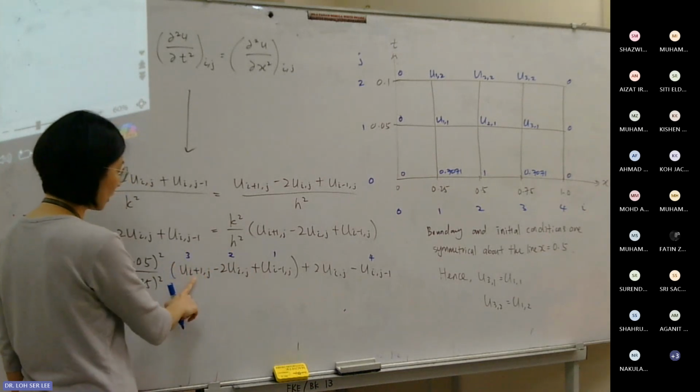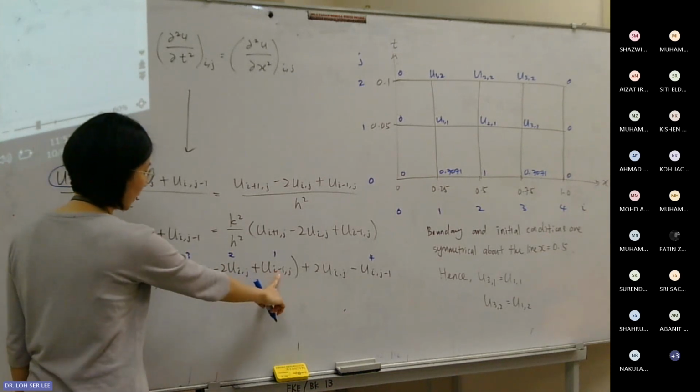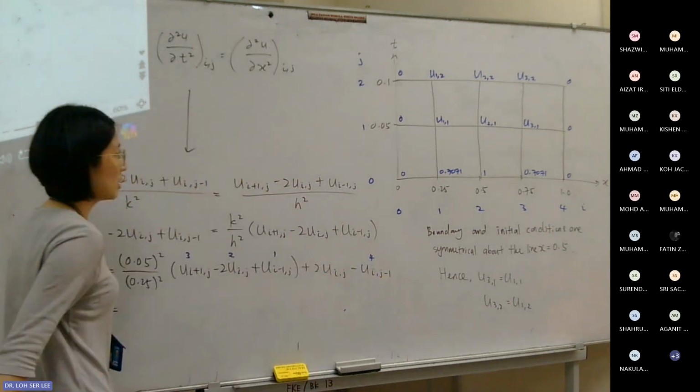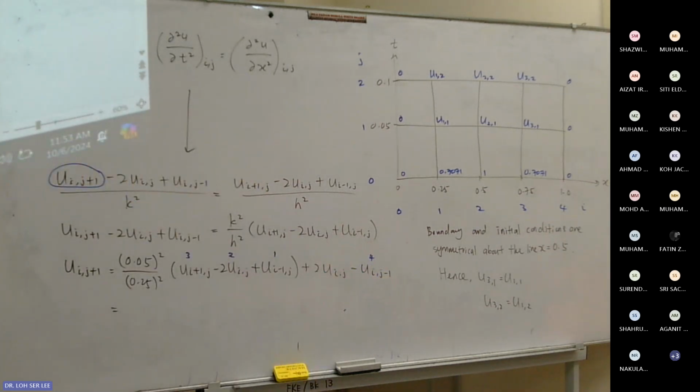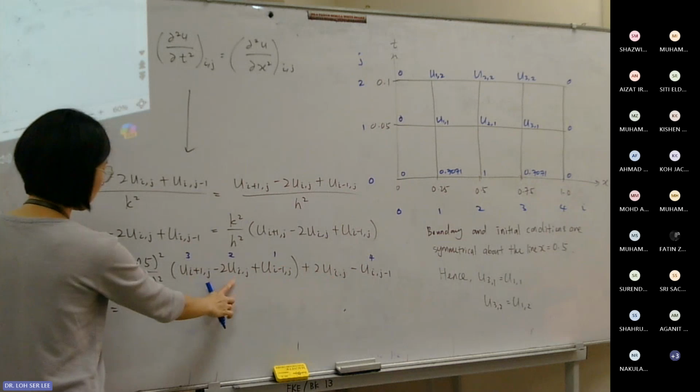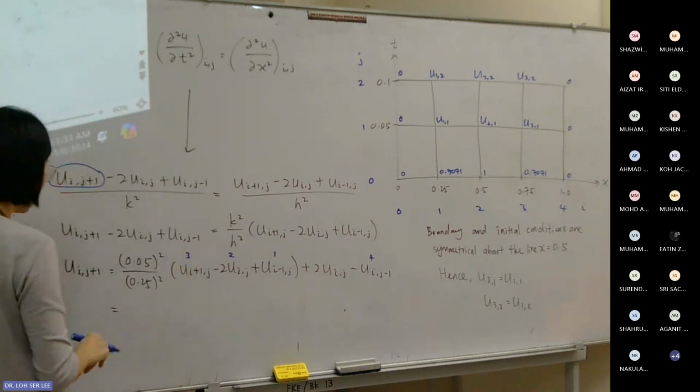So the first is i minus 1, then i plus 1, and the last one is the one with j negative values. But of course you have to combine this one with this u first, after you open the bracket.